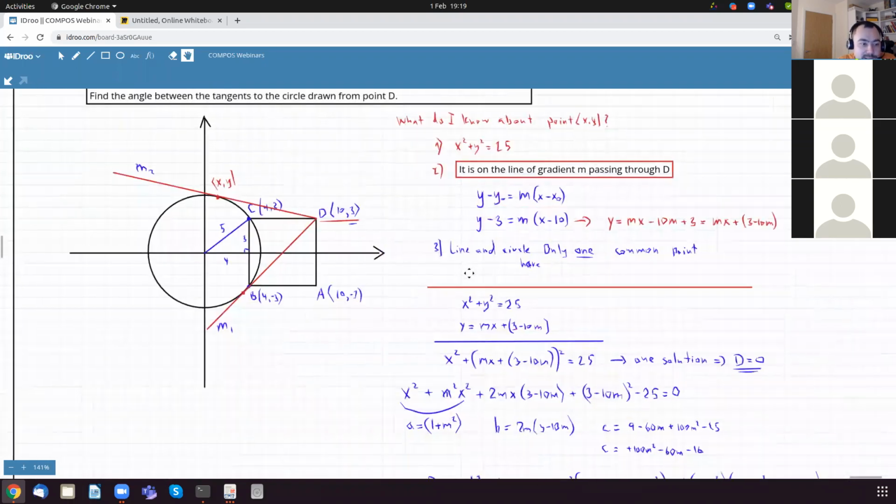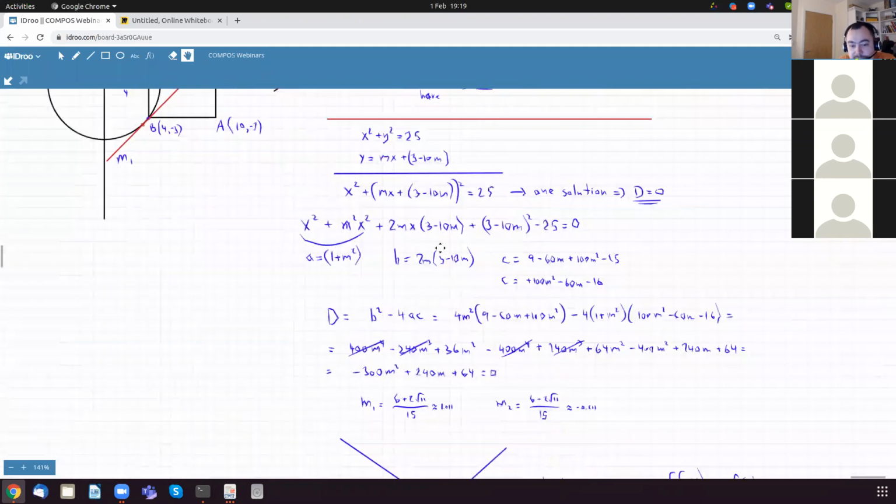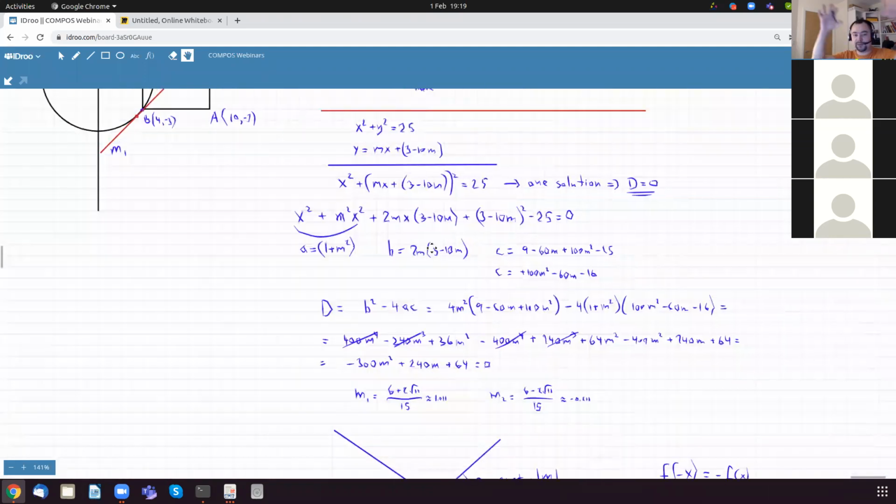And the most important bit is that the tangent has one point of intersection, so I used the discriminant. There's lots of stuff coming into one, which you can use to figure things out.